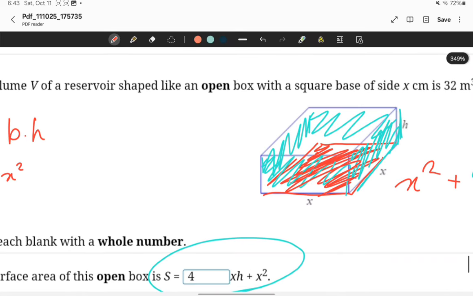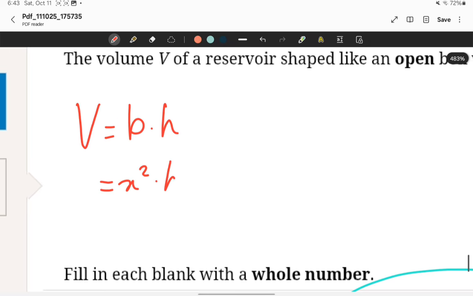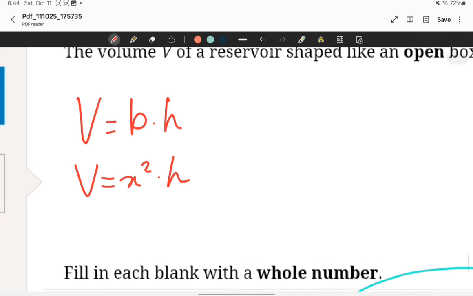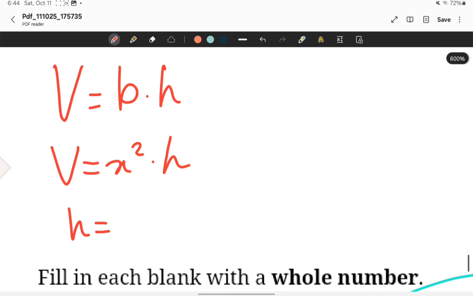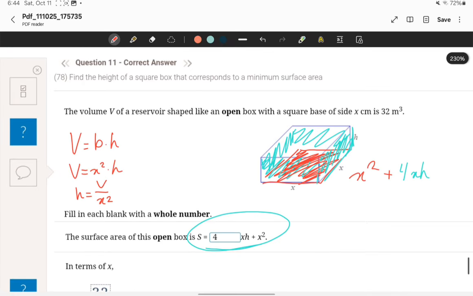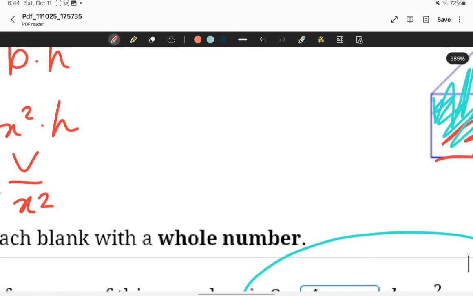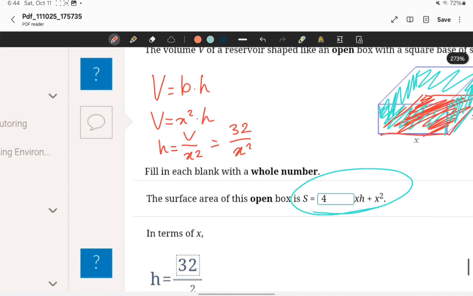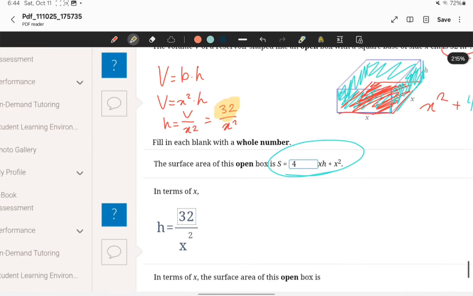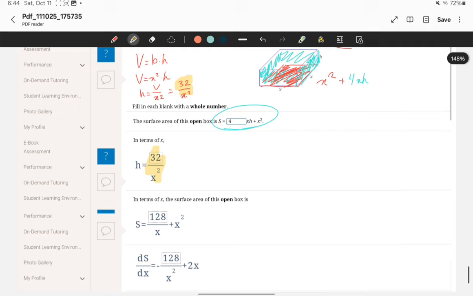That's what we said for base. It's x squared times the height. If we rearrange this equation, we get our height equals the volume over x squared. Now they said the volume is 32, so we come back and say 32 over x squared. That's what they want. 32.